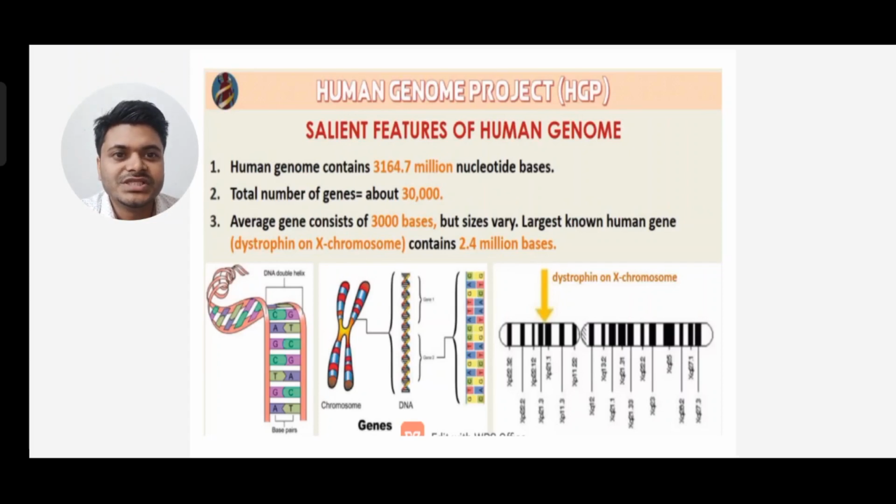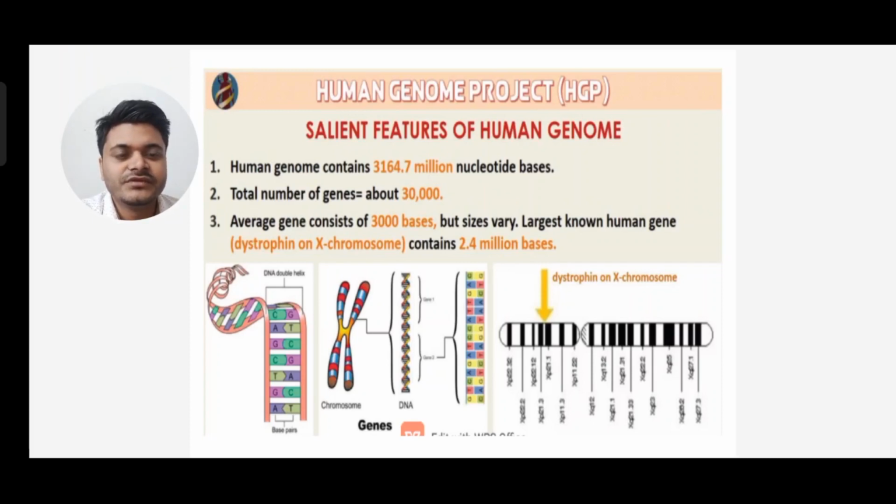The largest known human gene, dystrophin on the X chromosome, contains 2.4 million bases. You can see the DNA double helix, the chromosomes, and inside the DNA the nucleotides.